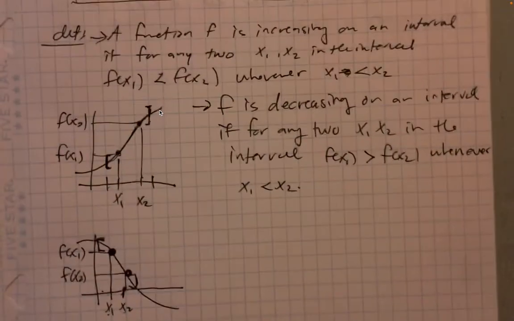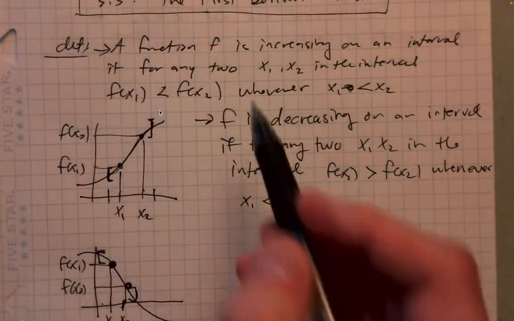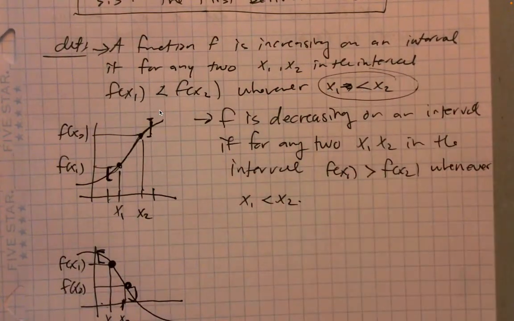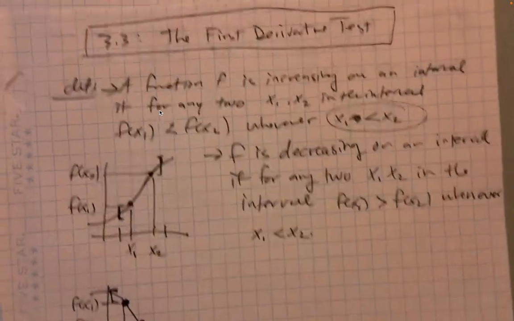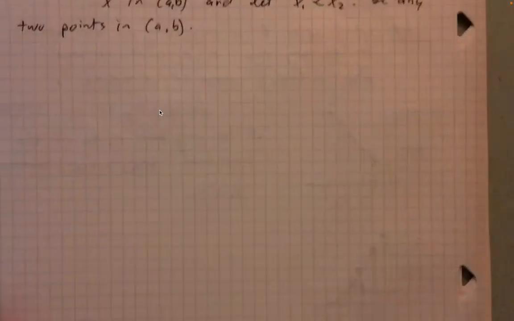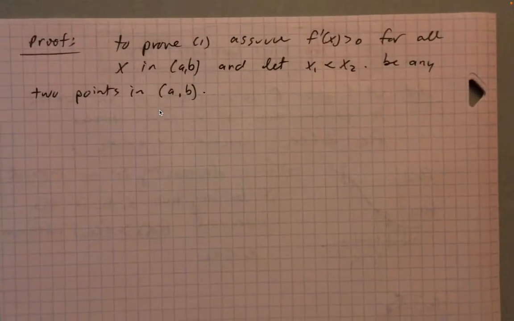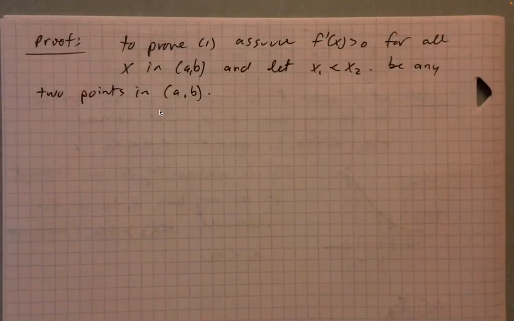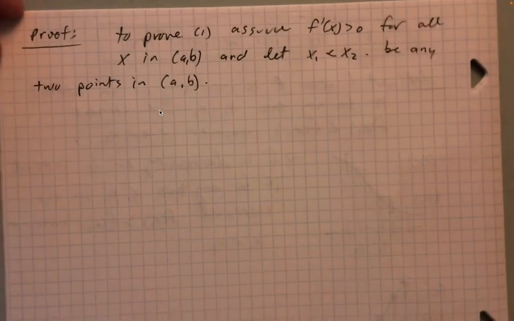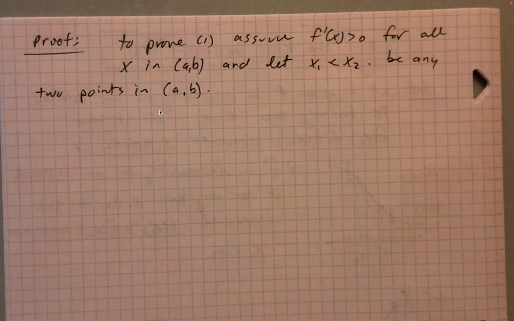We're also assuming, pulling this definition into place, that x1 and x2 are two values in the interval, and that x1 is strictly less than x2. Right? So those are all of the assumptions that we're going to make here. Okay, so to prove statement 1, we assume that the derivative is positive for all x in the open interval, and we let x1 be less than x2 be any 2 points in AB.